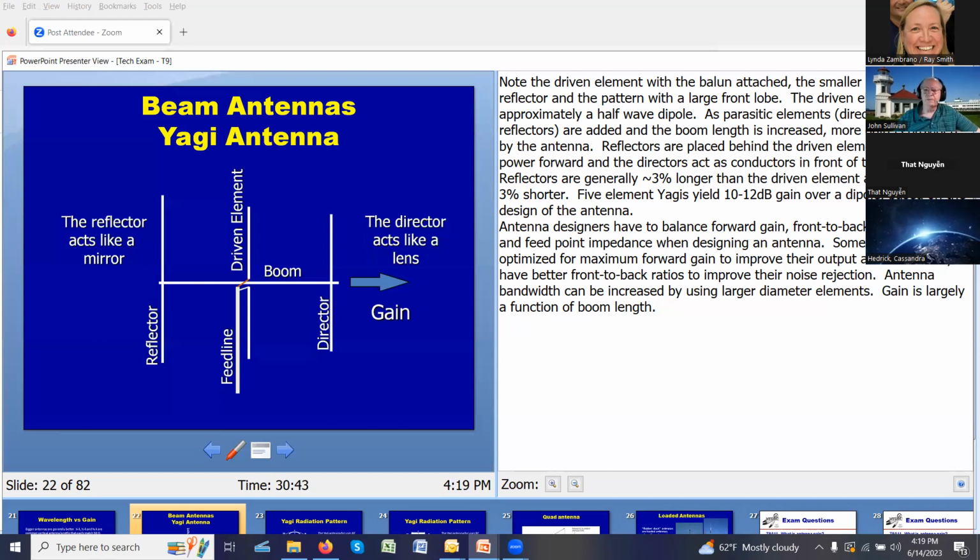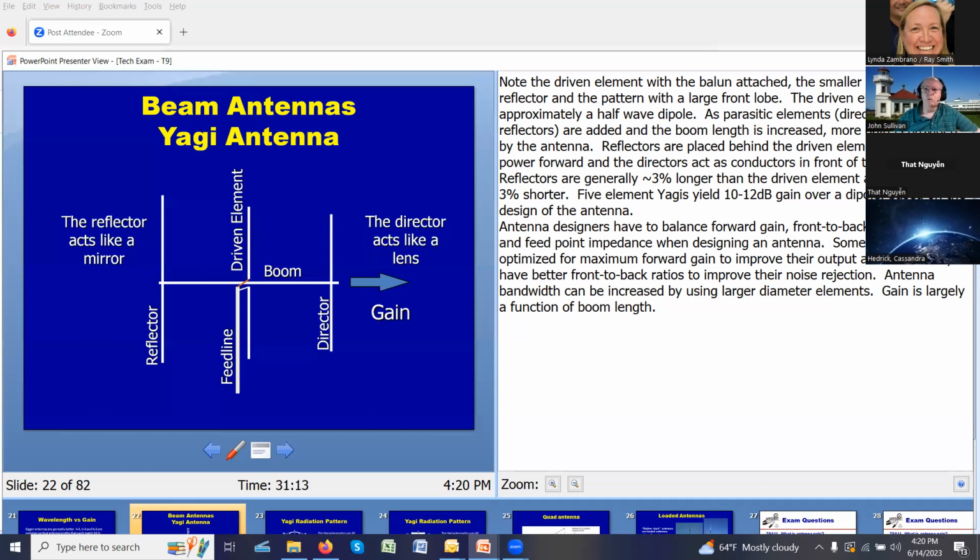A reflector is placed behind the driven element. It's going to reflect the power forward. In other words, the energy bounces back off of it and comes back in this direction. Reflectors are generally about 3% longer than a driven element, and it's designed to reflect the energy back towards the driven element.